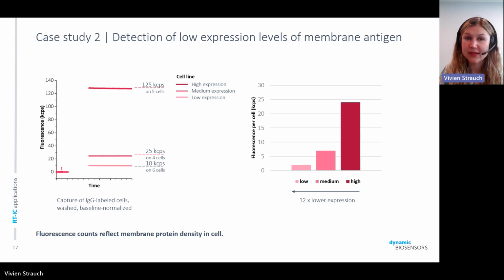What is also very interesting is that our collaboration partner informed us that especially the low expressing cell line, which has a 12 times lower expression level compared to the high expressing cell line, was not even detected in a flow cytometry experiment. So this demonstrates that we can measure GPCRs with RTIC, and we also have a very high sensitivity, even if the GPCRs are expressed only to a very low level on the cell.